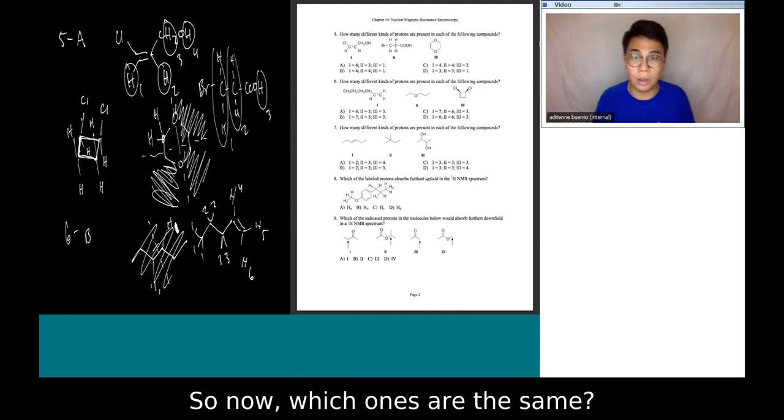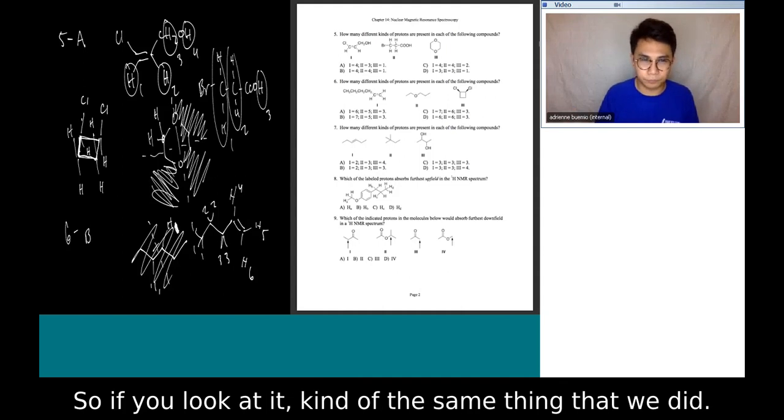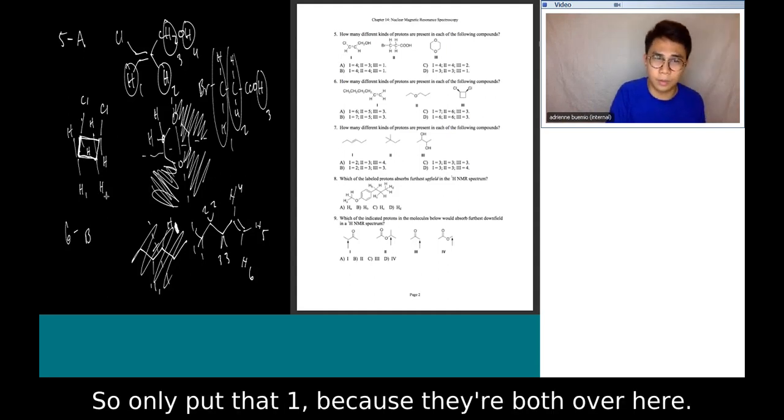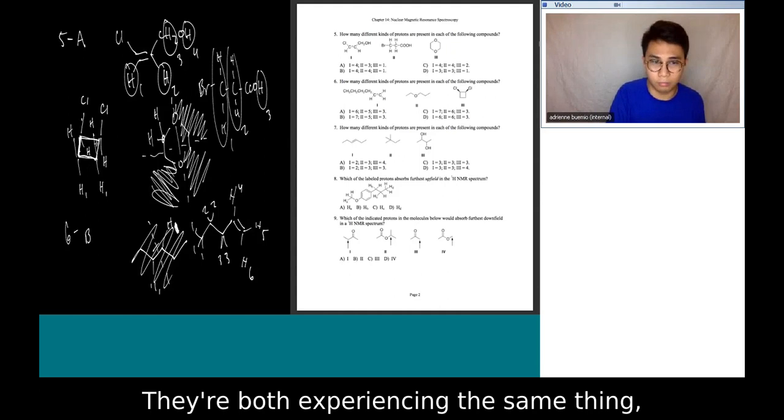Okay, so now which ones are the same? If you look at it, it's kind of the same thing we did. These H's over here are the same, so we'll label that one, because they're both experiencing the same thing.